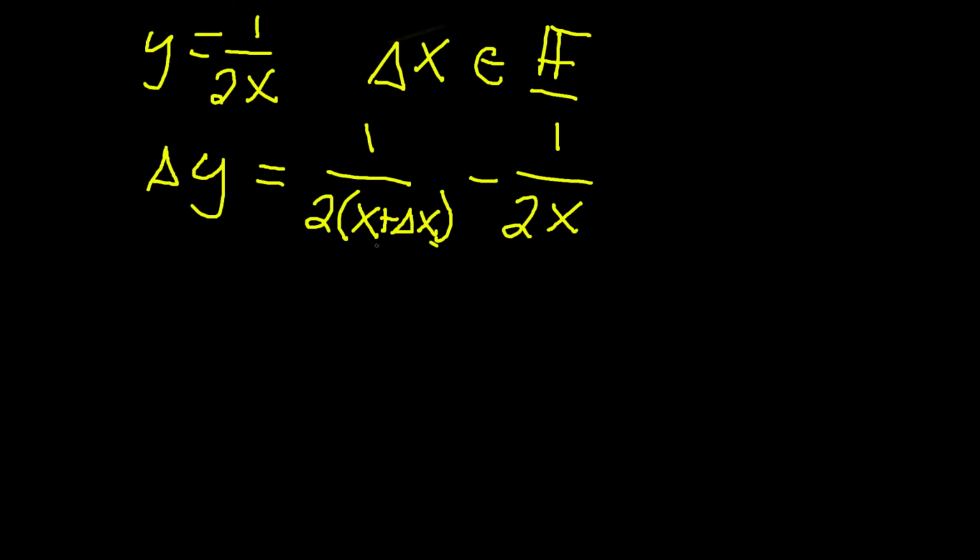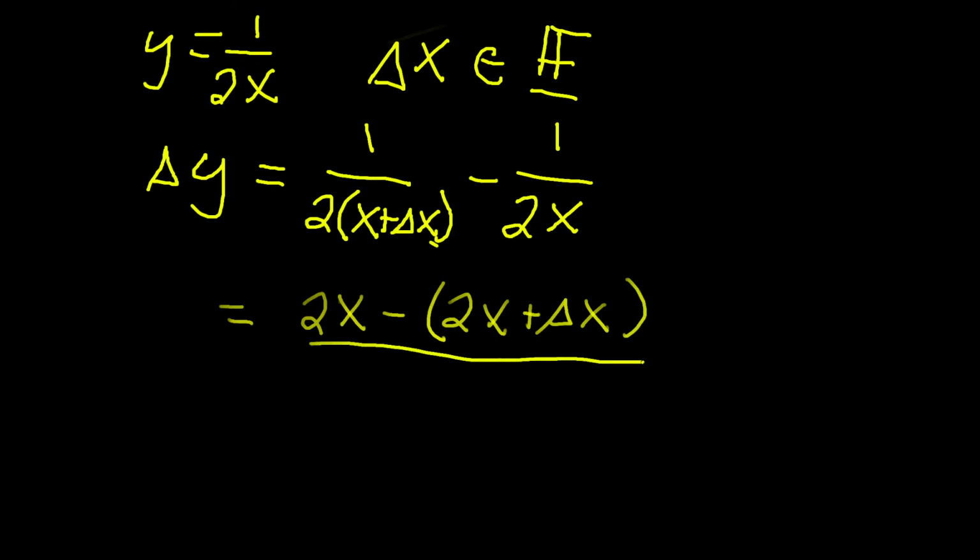And so this is equal to 2x minus the quantity, and I'll distribute this 2 through, 2 times x plus delta x, all divided by, well, we're going to end up with a 4x times x plus delta x.